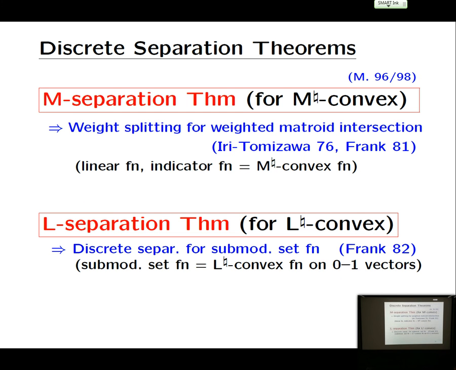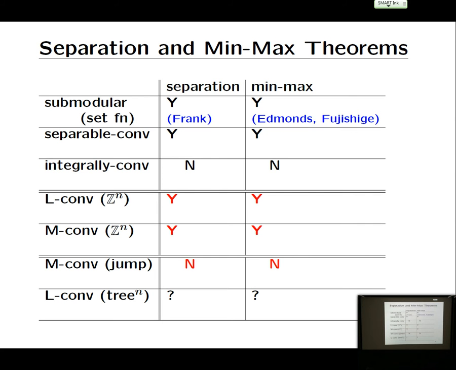But fortunately, for M-convex and L-convex functions, there are known theorems. This is a summary of the status. Okay, here the separation theorem: submodular function, yes; separable convex function, this is easy, yes; integrally convex, not; but L and M, yes; and jump systems, not.